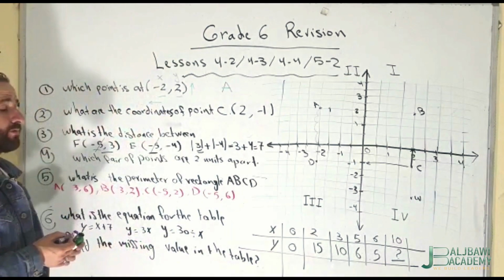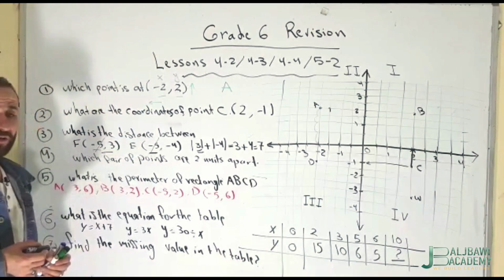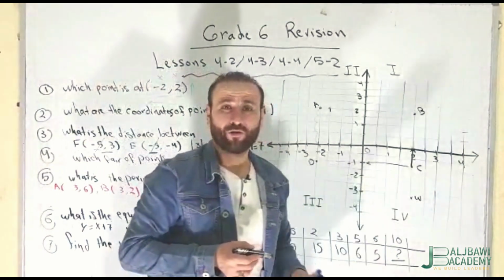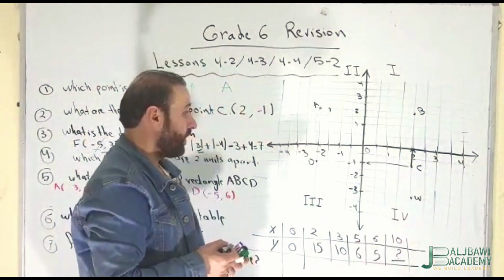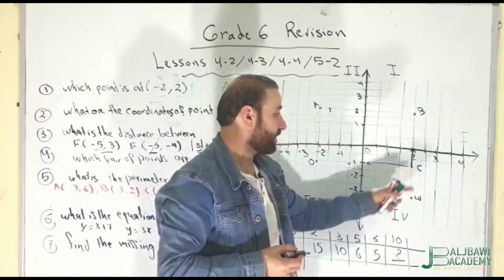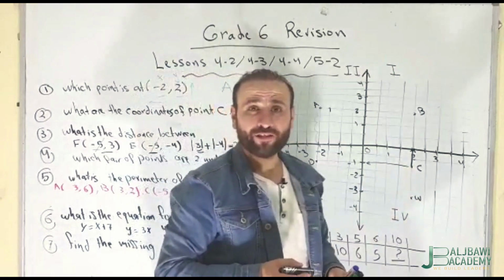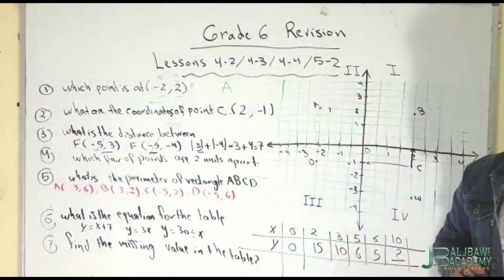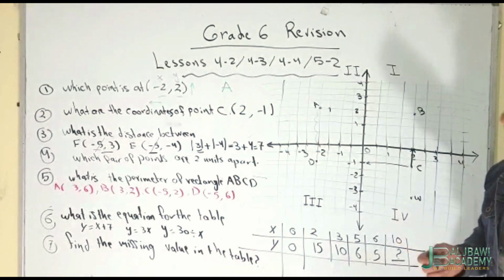Now, question number 4. Which pair of points are 2 units apart? Either I look at the coordinate plane, or I need to find the distance. Of course, I'm talking about these 2 points, C and W. If they didn't graph them on the coordinate plane, how do I find the distance between these 2 points?